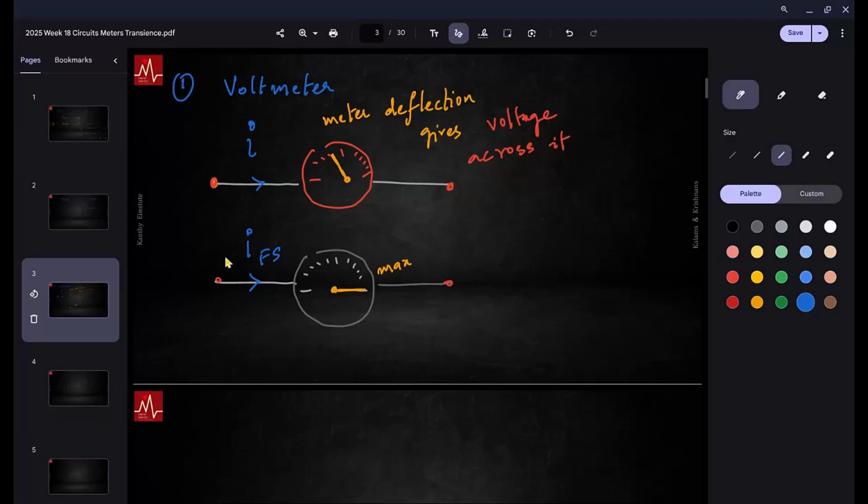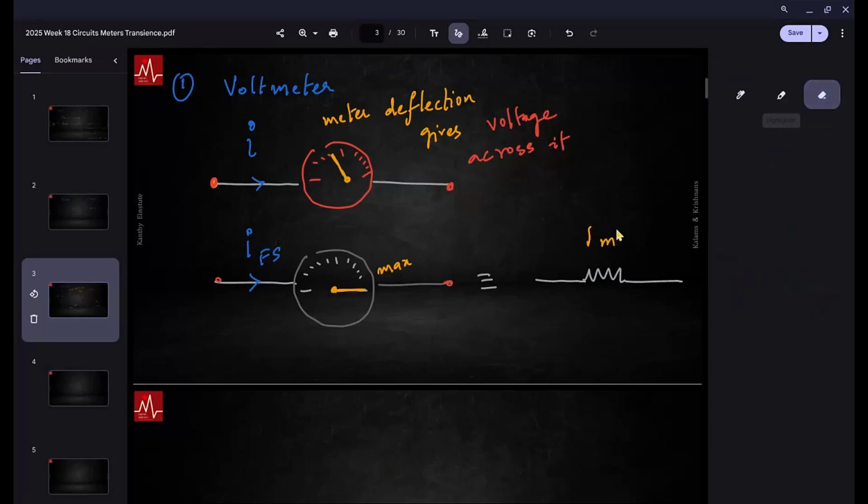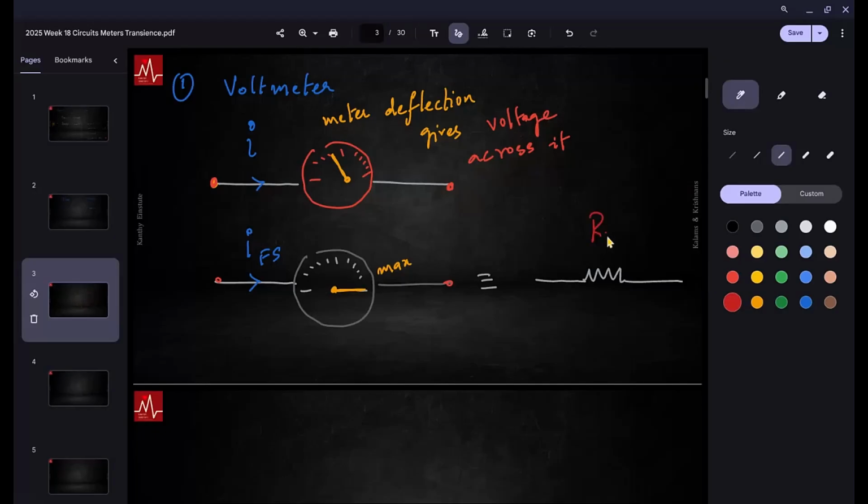Okay, and then electrically this circuit is equivalent to this. This meter has a resistance Rm. The meter has a resistance, and then typically at max deflection it is full scale.